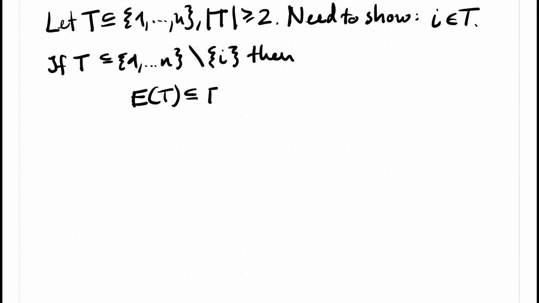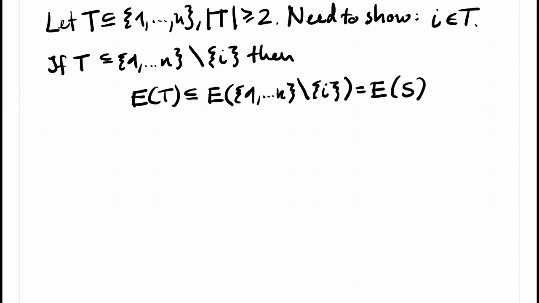Then E of T is contained in E of all indices except for i by the monotonicity of E. Now this set contains the set S of the claim, and E of S is the singleton set that just contains i. This shows that E of T equals the singleton set that just contains i.